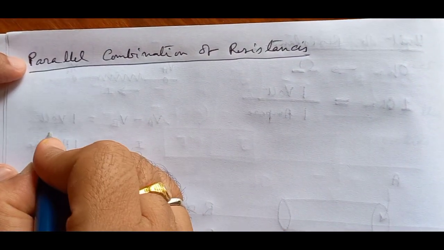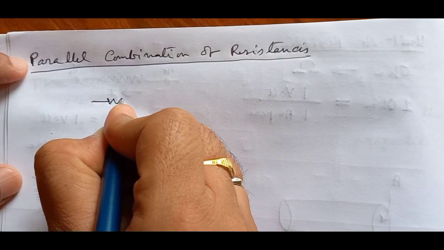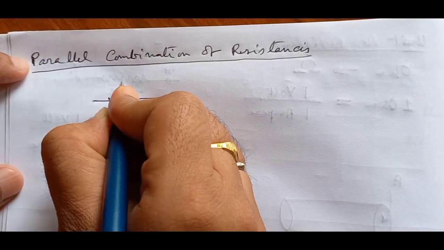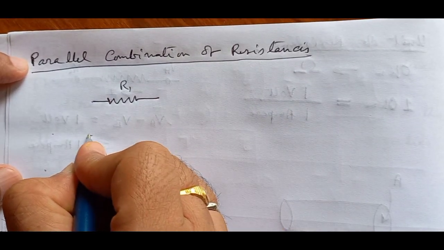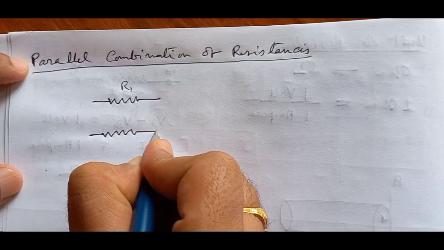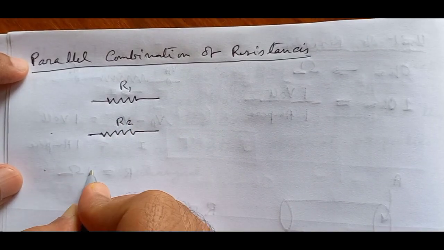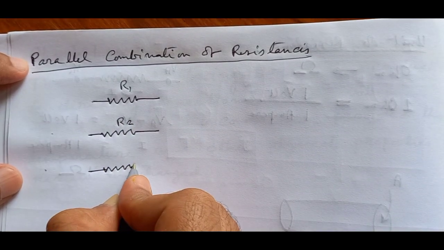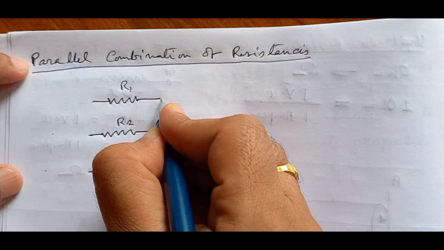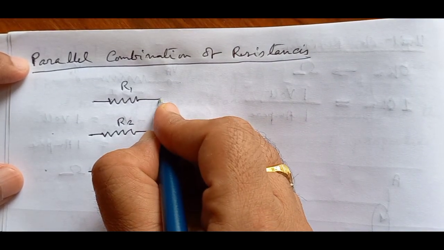Consider 3 resistors R1, R2 and R3. These resistors are in parallel combination.